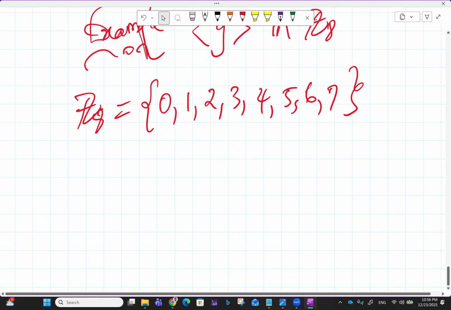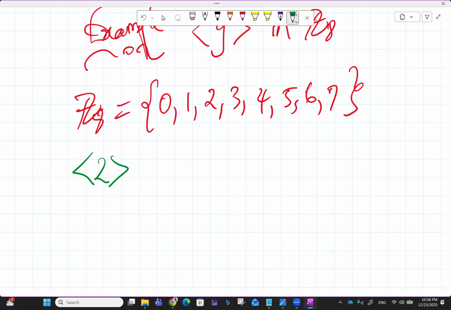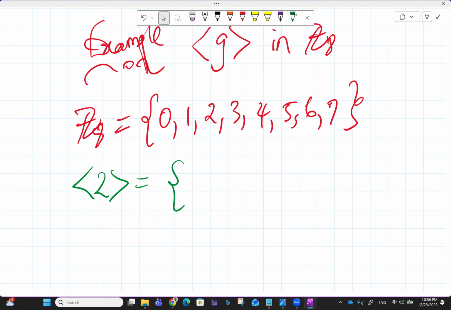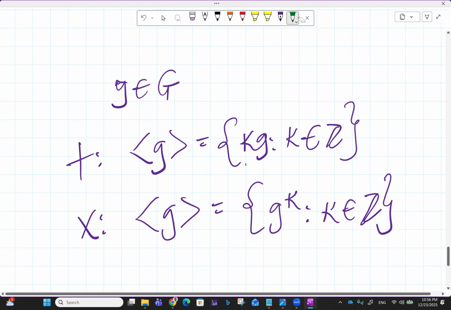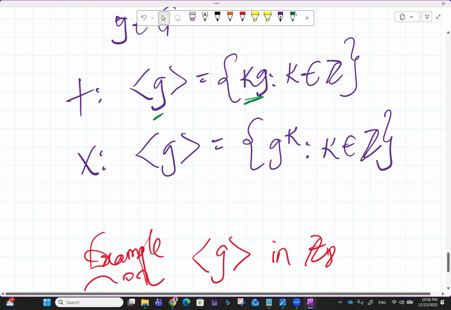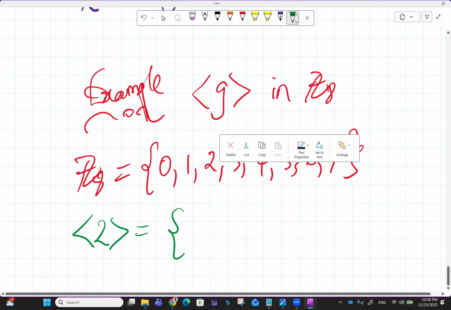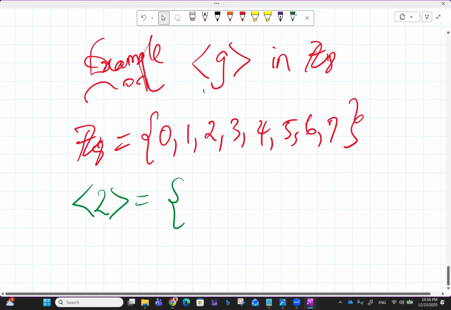Okay? So with that in place, we know that under addition, these will simply be all the kgs. Don't forget the kgs now. Our g is 2, but our k's are 0, 1, and so on.